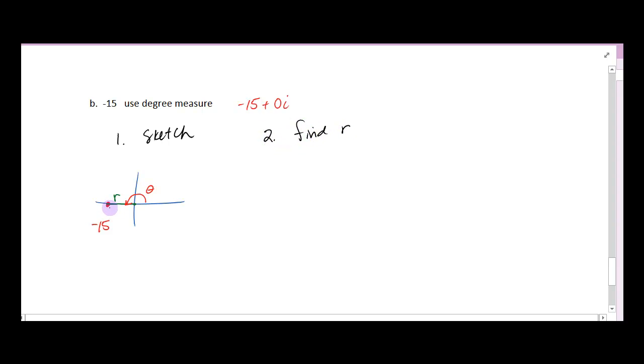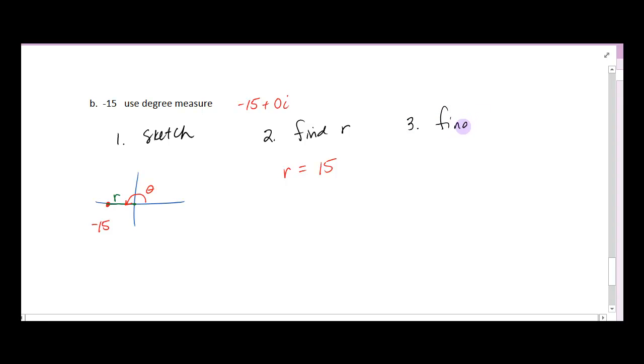And because we've drawn our picture, you can see it's kind of straightforward. r is just 15. Now why do you suppose r is 15 and not negative 15? Hopefully you see that because r is going to be the distance or the magnitude, we are moving from the origin straight out to this point a distance of 15. So it's just positive.